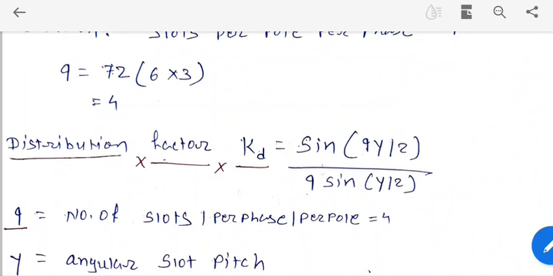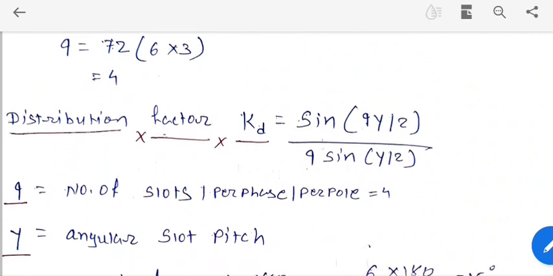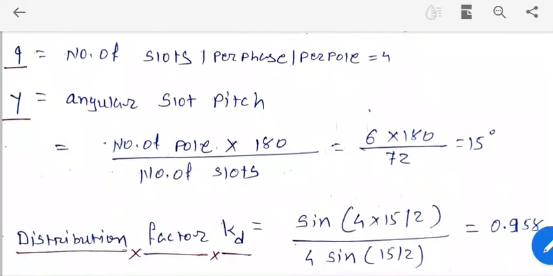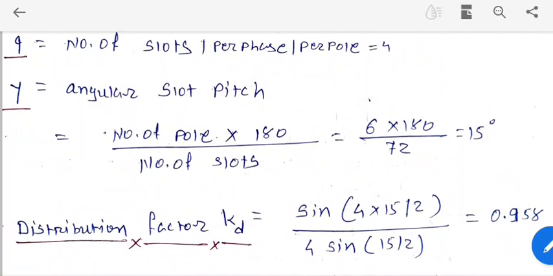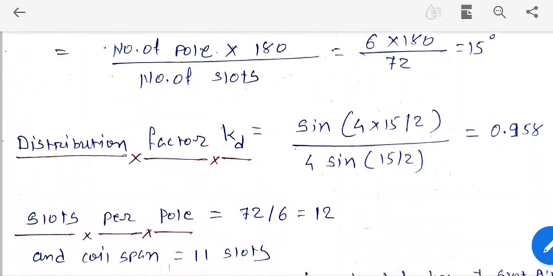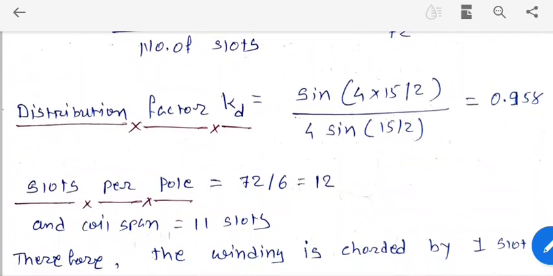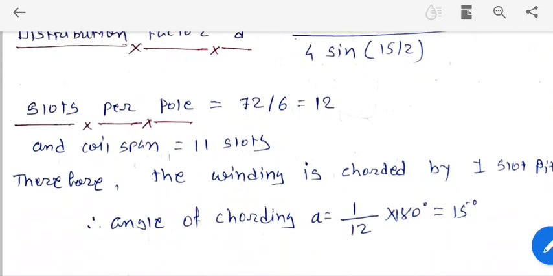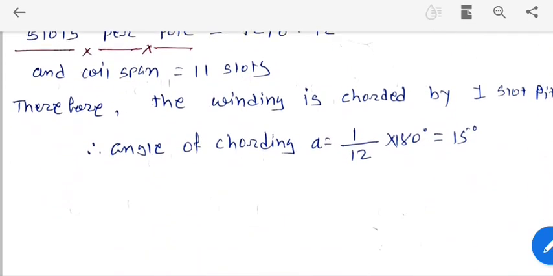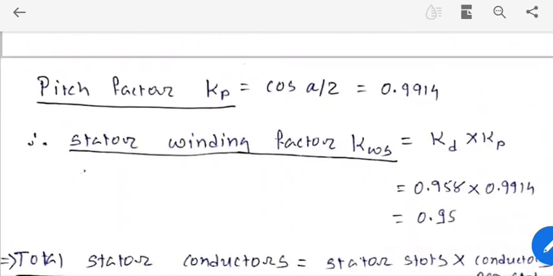Then we find the angular slot pitch, that is 15 degree. Then distribution factor KD, that is 0.958. Then slots per pole, that is 12. Then we found pitch factor Kp, that is 0.9914.